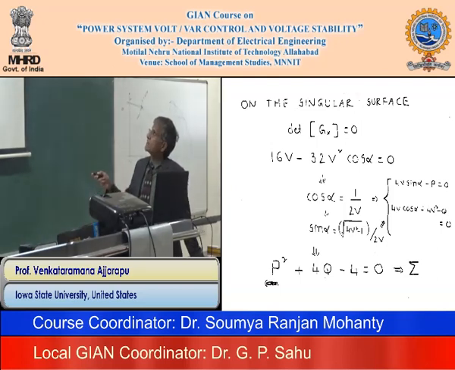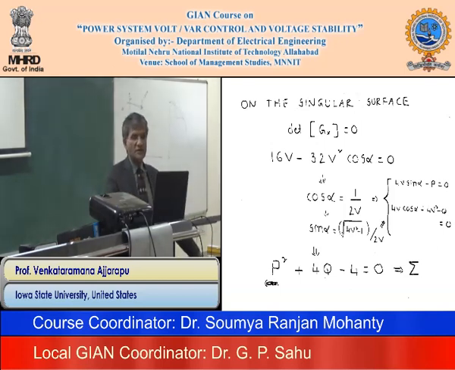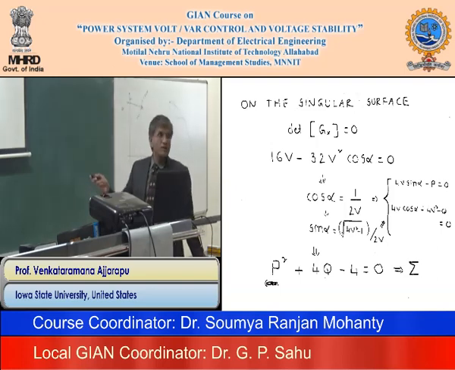That means these alphas are the critical points. So if I substitute this alpha here, the P and Q are at the critical value, right? So P square plus 4Q minus 4, that's the one. Remember, that's the boundary we are talking about. That's the PQ boundary.